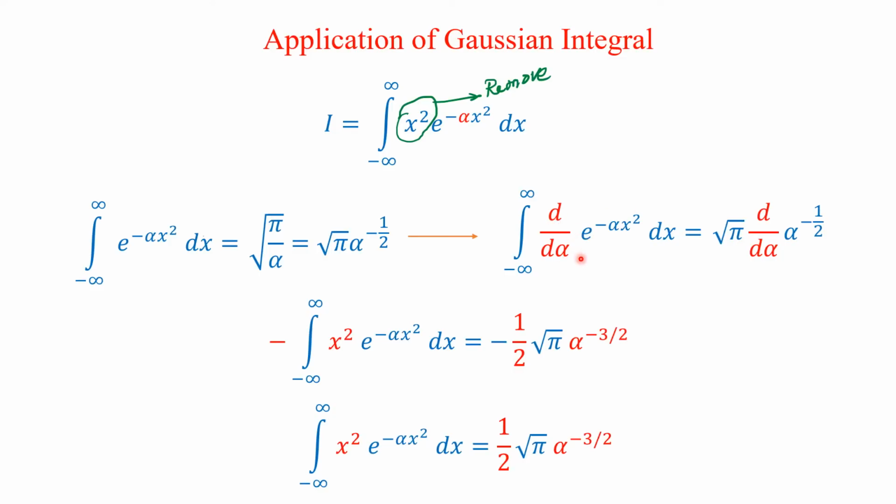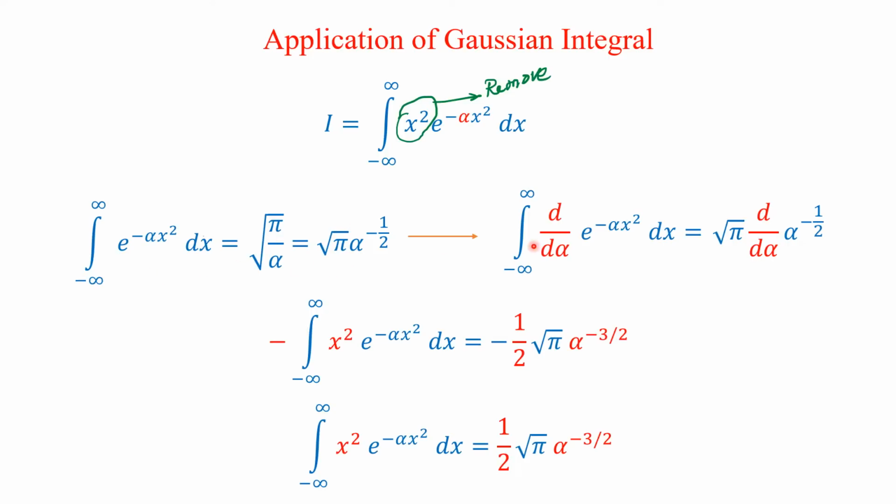Remember that this is with respect to alpha, not with respect to x. On the right hand side, square root of pi, only the alpha term is involved. You are taking the derivative of alpha power minus half with respect to alpha. So both are equivalent. I am introducing the differentiation d by d alpha on both sides.